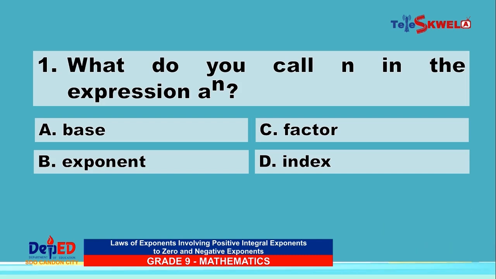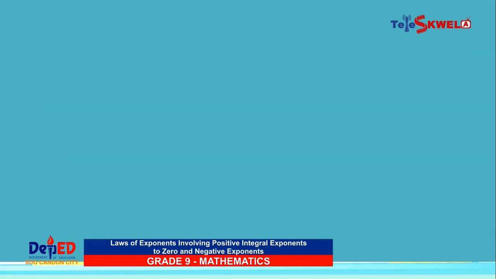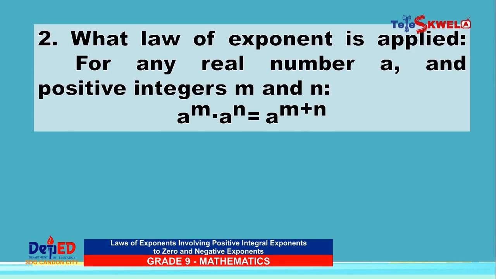The correct answer is B, exponent. That's great. Number 2, what law of exponent is applied for any real number a and positive integers m and n? A raised to m times a raised to n is equal to a raised to m plus n.